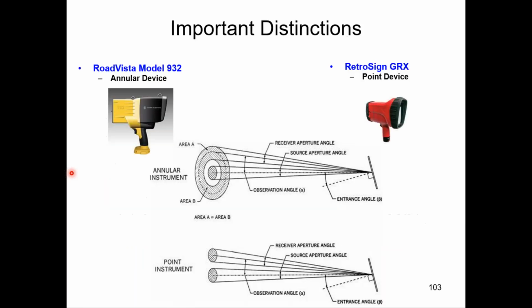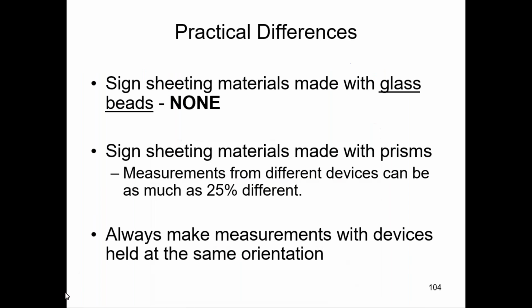And here, just quickly, the distinction between the two. The Road Vista is an annular device, so you can sort of see here how it operates. The Retrosign GRX is a point instrument. Are there differences between the two? I mentioned, yes, there are differences. For sheeting materials made with glass beads, there's probably no practical differences.